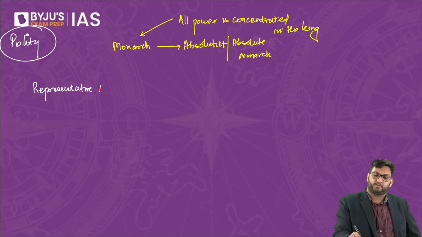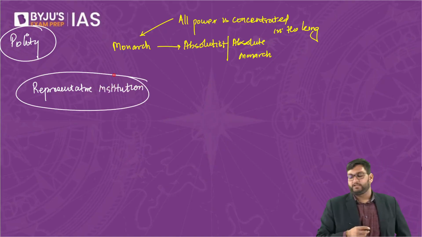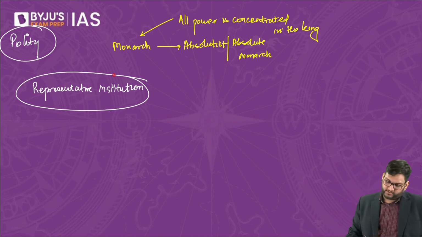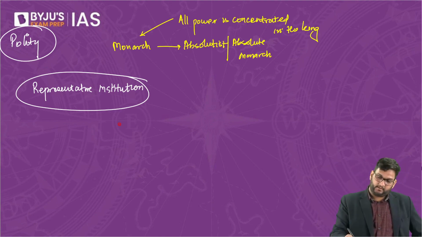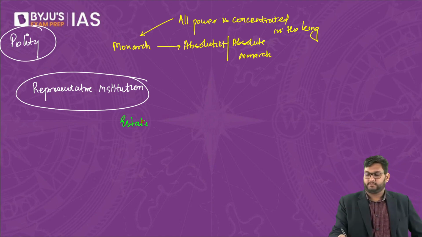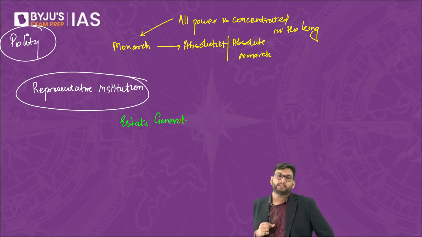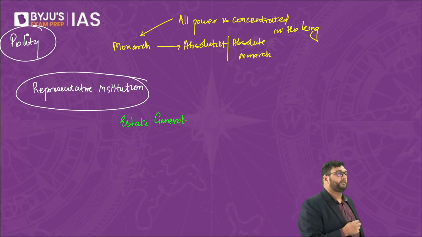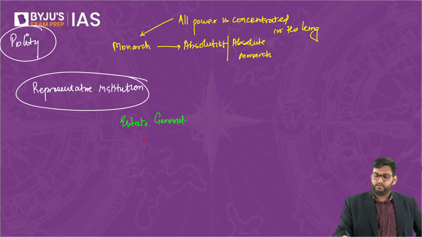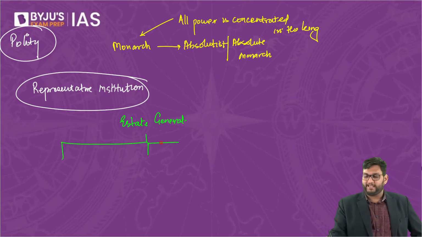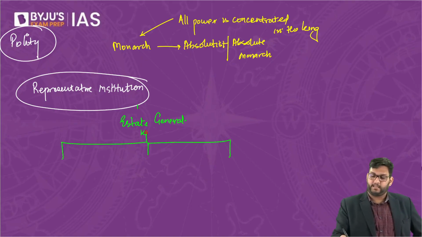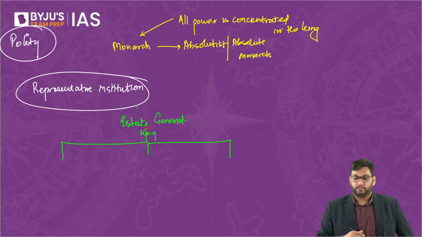Now, when we talk about representative institutions, there used to be a body which is called the Estates General. And basically, under the Estates General, the three estates used to meet with the king at the apex.